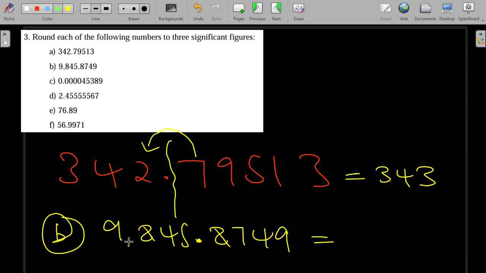Okay, so this is a comma. This is not a point. This is a comma, like this is 9,845 point. Okay, so when we round it off to 3 significant figures, it means we are rounding off from here. So the rest here will just become zeros. So what we are going to have is 9, 8, and then this 5 we round off like that.